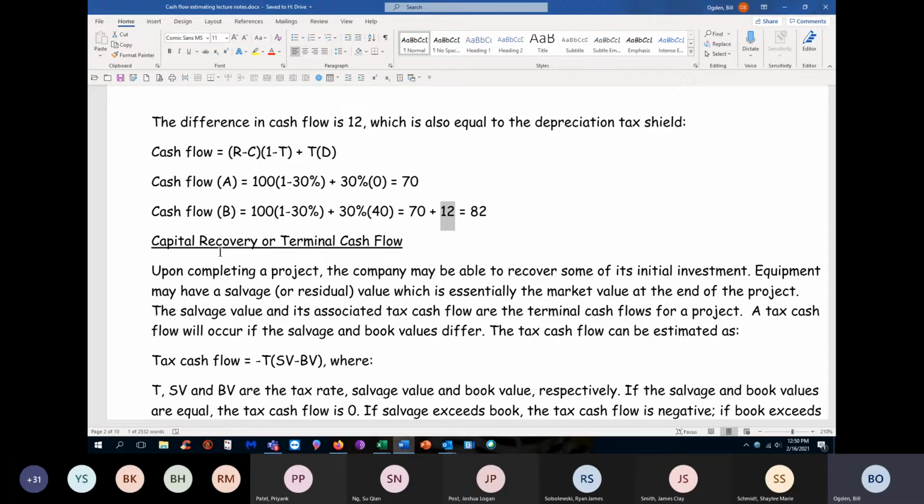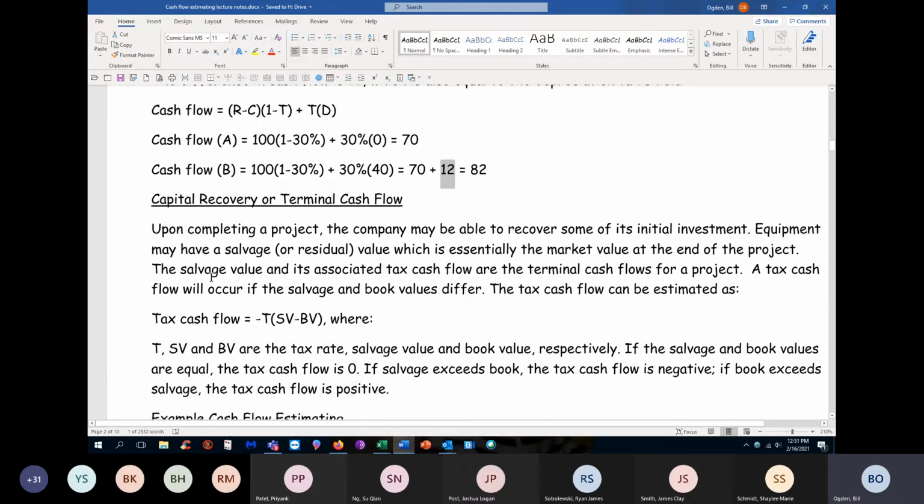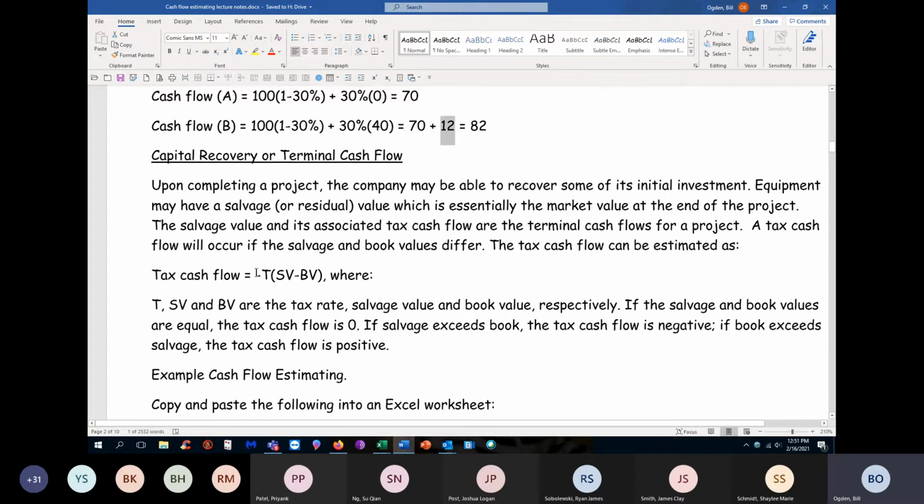All right. And so anytime that you include a salvage value as part of your project cash flows, you have to take into consideration the tax effects. Okay, and I'm pretty sure this isn't in your book, but I mean, it's the only way to do it.